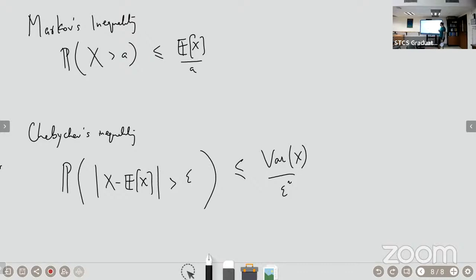Epsilon is always positive. That's not what it is, it's too big. Here also something is missing. It is not true always. It holds when X is non-negative.